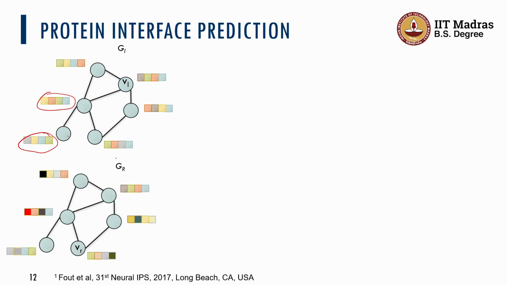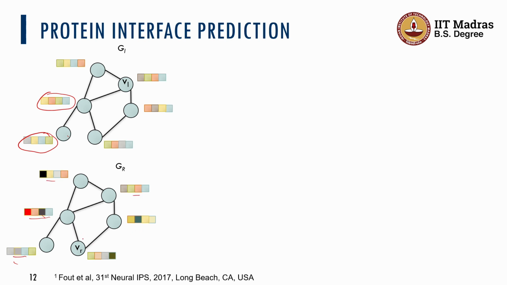Similarly, we have GR, which is the receptor protein graph, associated with different features. Remember that both can be different kinds of graphs depending on the protein, and the features you can see are given here.